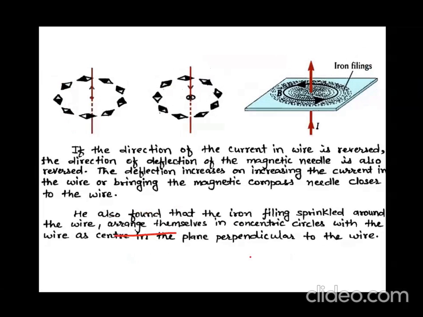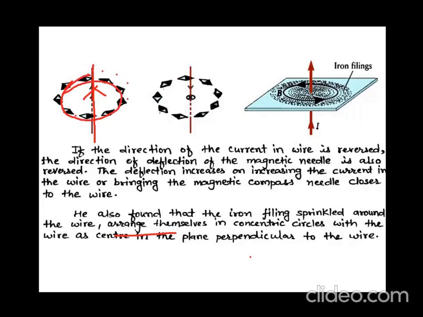Then he did one more experiment. This is the wire through which the current is flowing, and around the wire at different positions he placed magnetic needles. The needles got deflected to show the North Pole, and we got a circular direction.